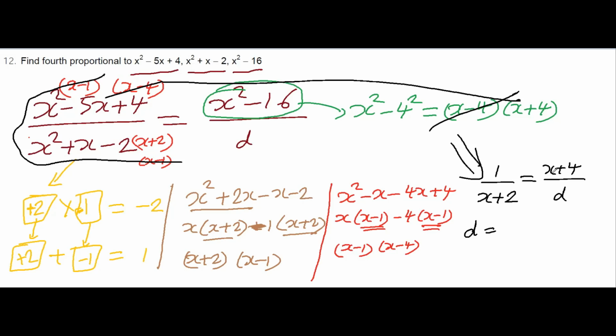So x into x is x square. Now 2 into x is 2x, 4 into x is 4x, 2x plus 4x is 6x. So I'll get 6x plus 4 into 2 is 8. So the answer is x square plus 6x plus 8. Got it?